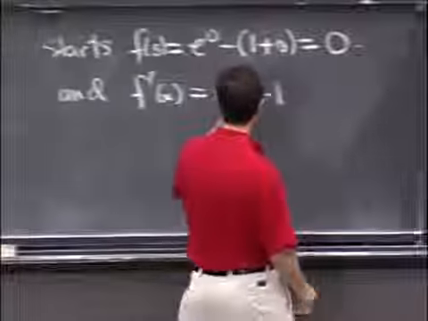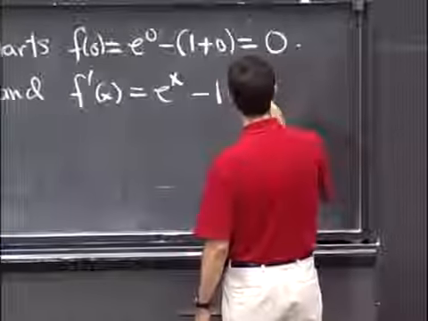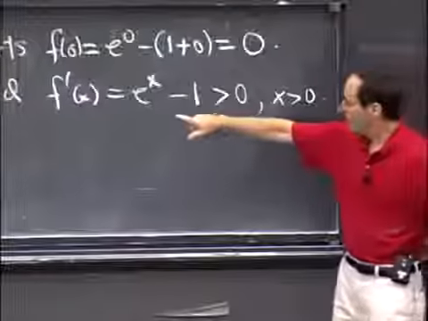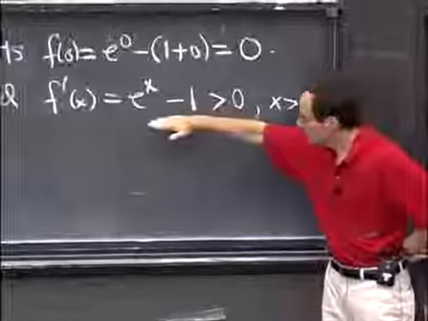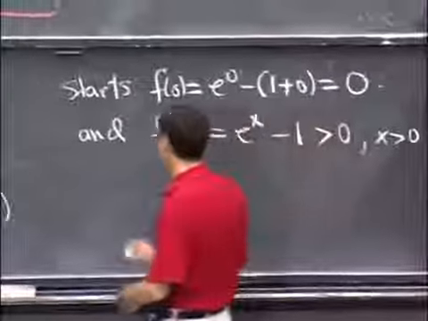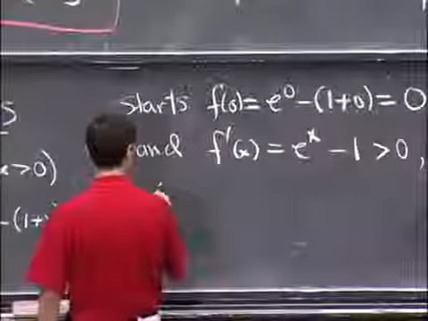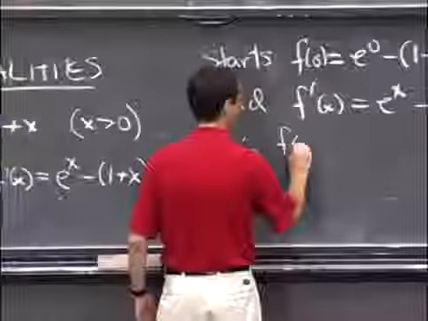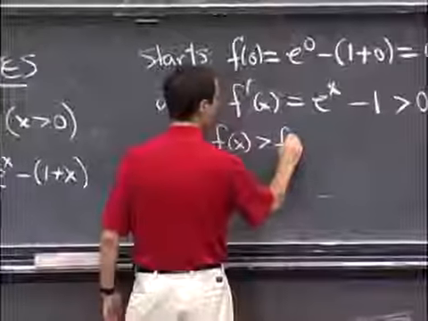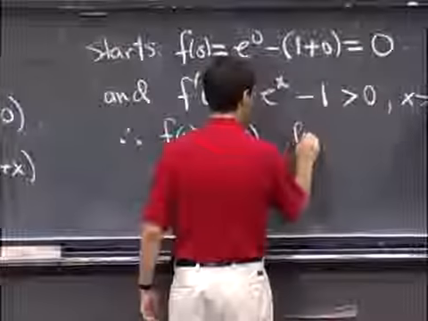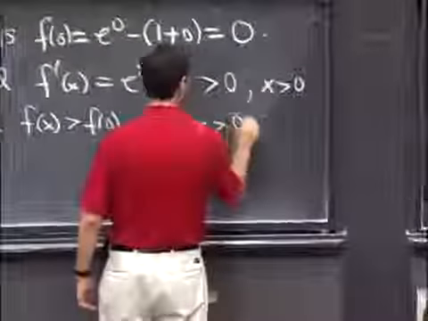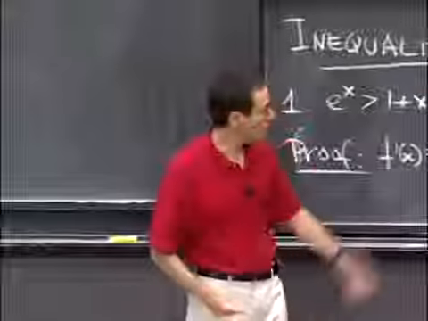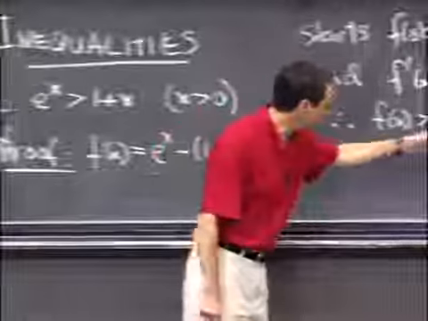And this function, because e^x is bigger than 1 for x positive, is positive for x positive. As x gets bigger and bigger, this rate of increase is positive. And therefore, f(x) is bigger than its starting place for x bigger than 0. If it's increasing, then in particular, it's increasing starting from 0.